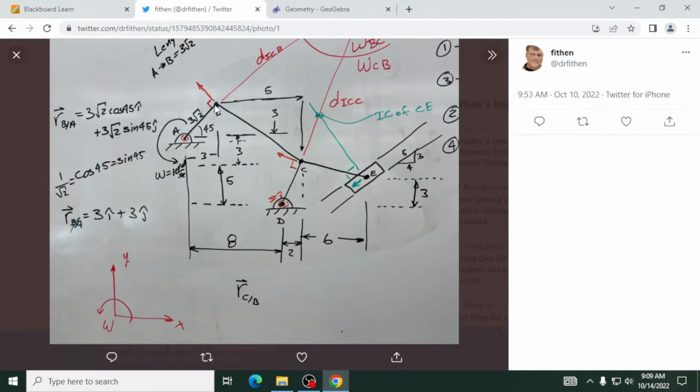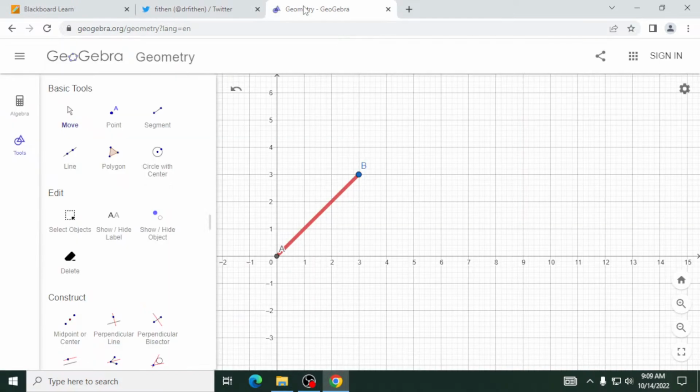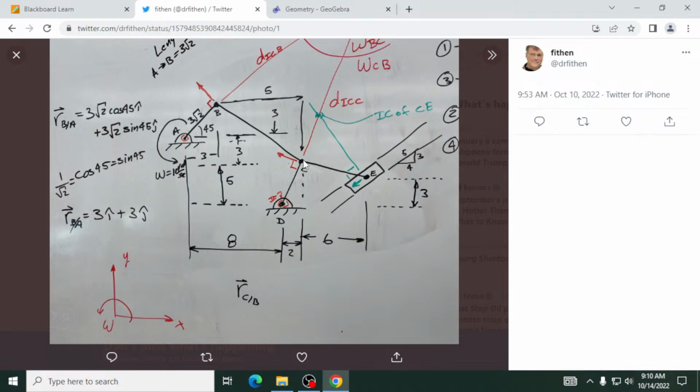My next, from B to C, goes across 5 and looks like down 6. 1, 2, 3, 4, 5. 1, 2, 3, 4, 5, 6. So that looks strange. Let me go back and look at that again. Down 3 here and down 3 to this.